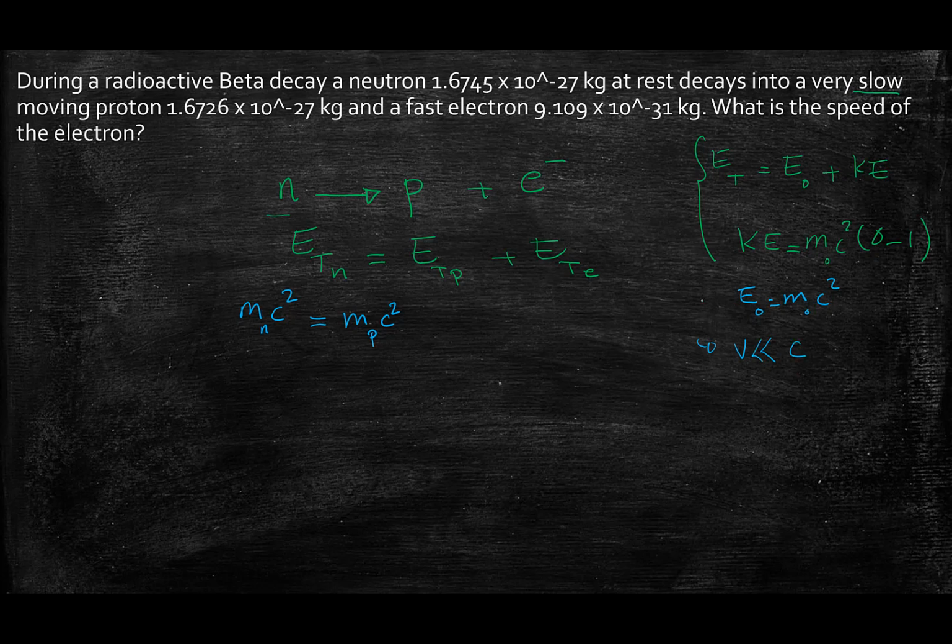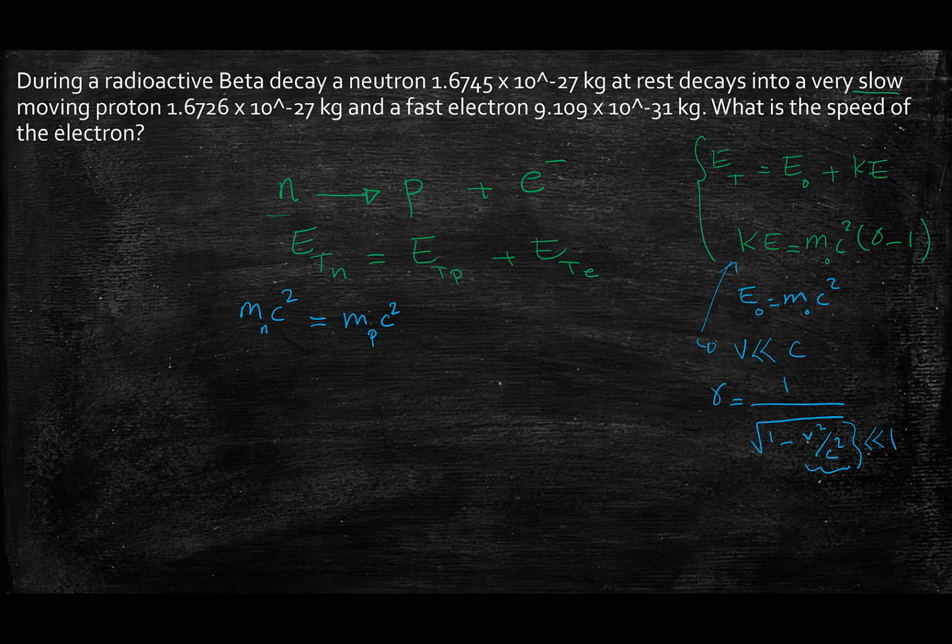Therefore, if I'm calculating the kinetic energy, I'll have to calculate gamma, and as we know, gamma is equal to 1 over the square root of 1 minus v squared over c squared. Looking at this fraction, if v is much smaller than c, then this whole thing is going to be much smaller than 1.